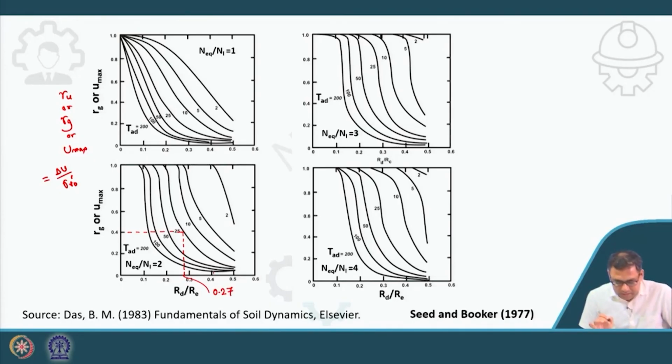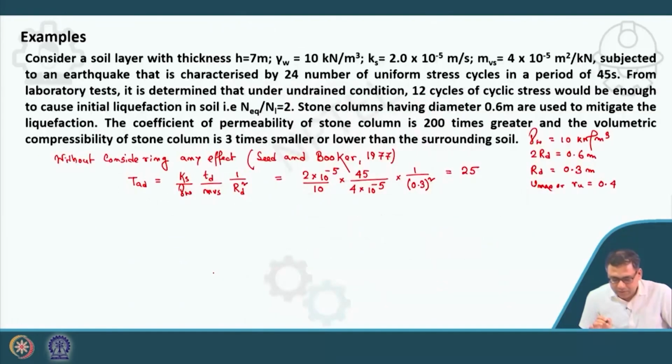So we will get the RD by RE as around 0.27.